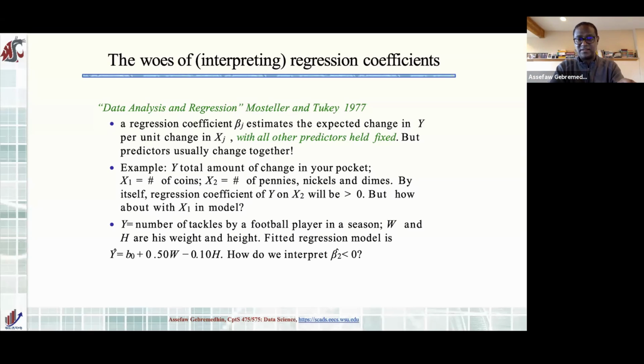The weight coefficient is positive, so that means there's more chance for the number of tackles to be higher the heavier the person is. But the height coefficient seems to be negative, which means probably it's better to be short to do tackles, is what this would suggest. But the two are correlated, so you have to be careful about how to interpret this, especially the negative coefficient.